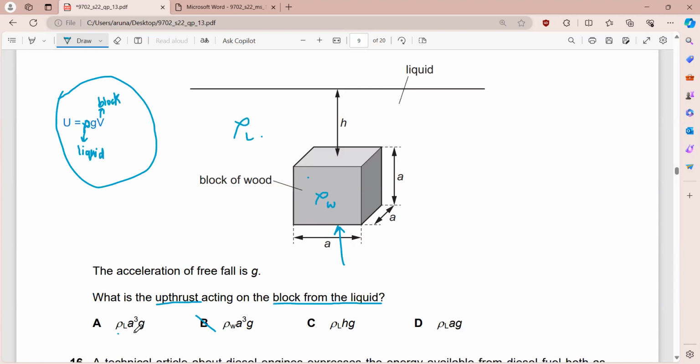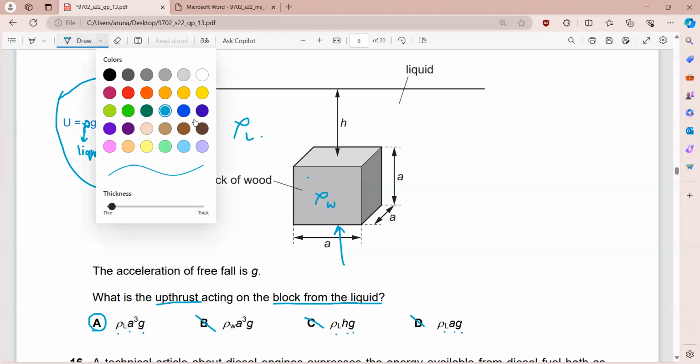So rho L A cubed G. This is correct, but let's just make sure we can eliminate the other options. Rho L H G is not going to give you the volume of the block. Rho L A G, again, not going to give you the volume of the block. So option A is the correct answer.